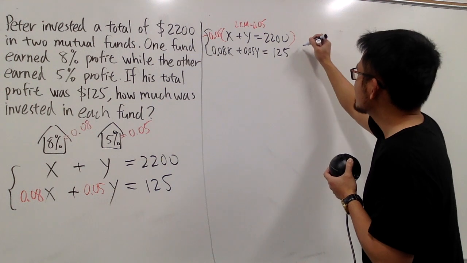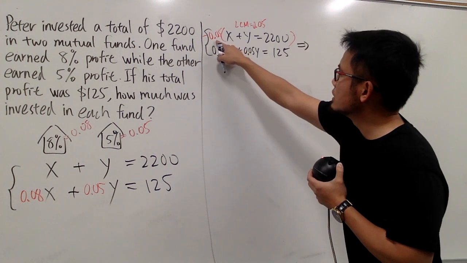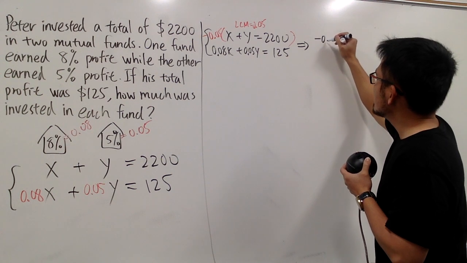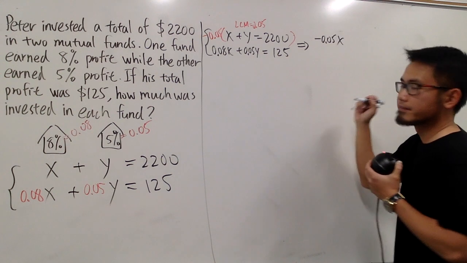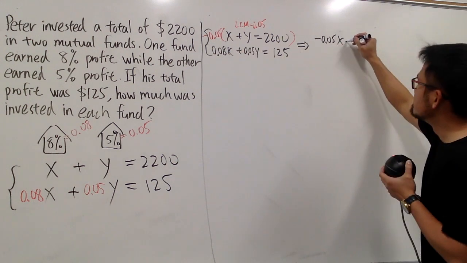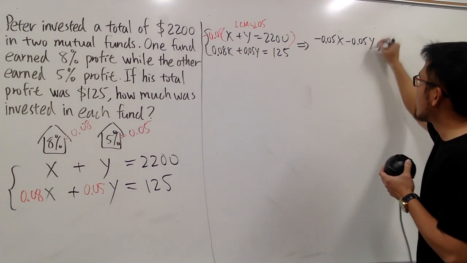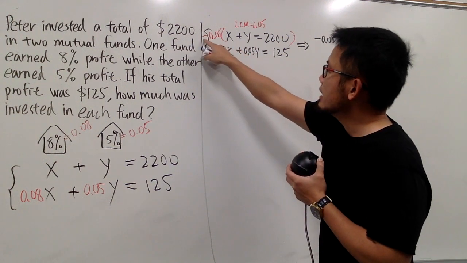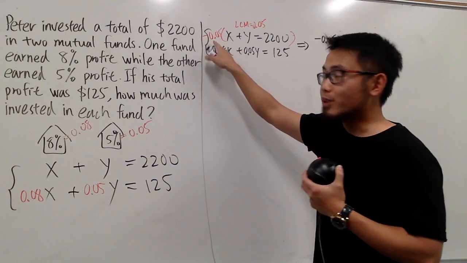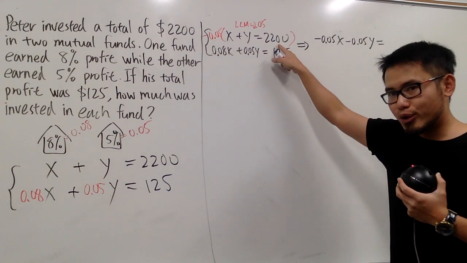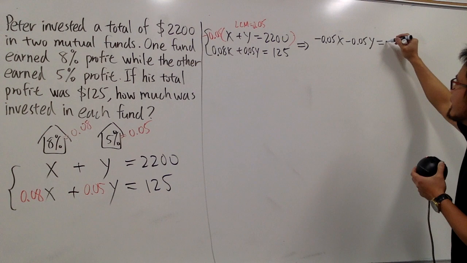And now, this is going to give us negative 0.05 times X, so negative 0.05X. And then, negative 0.05 times Y, that's minus 0.05Y. And this is going to be negative 0.05. Don't forget to do this as well. Take this times 2,200, and we'll end up with negative 110, okay?